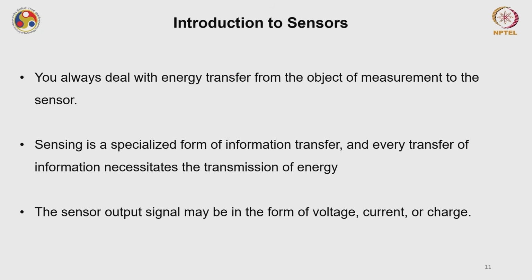The sensor output signal may be in the form of voltage, current, or charge. Any other form will be converted to these forms. In the interface circuit we'll see how we can develop circuits so that if the value is not in this particular form, it can be brought back to it.